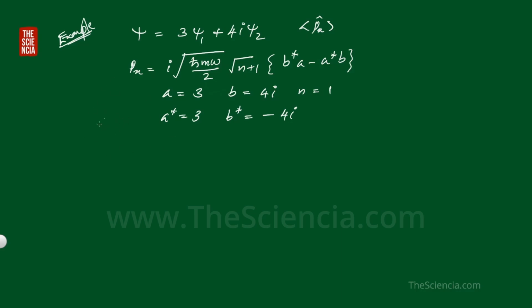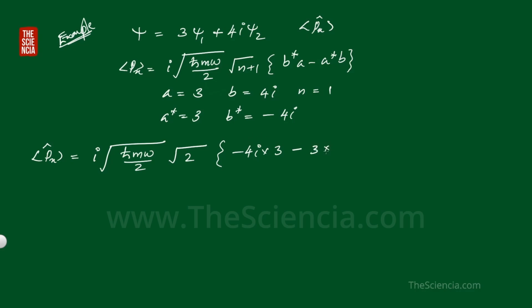Now we have to substitute all these values in this expression, that is, the expectation value of Px is equal to i root h cross m omega by 2 root n plus 1, that is n is 1, so it is 2, into B star, that is minus 4i, into A, that is 3, minus A star, A star is 3, into B, that is 4i.